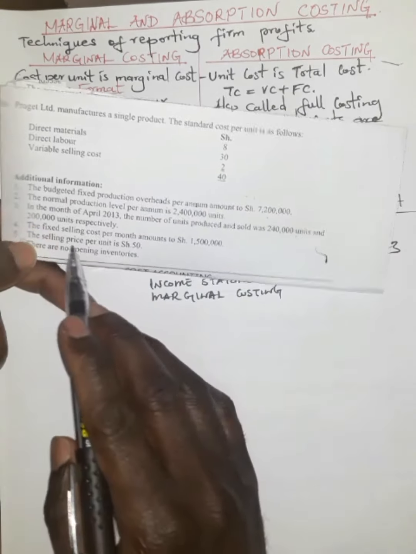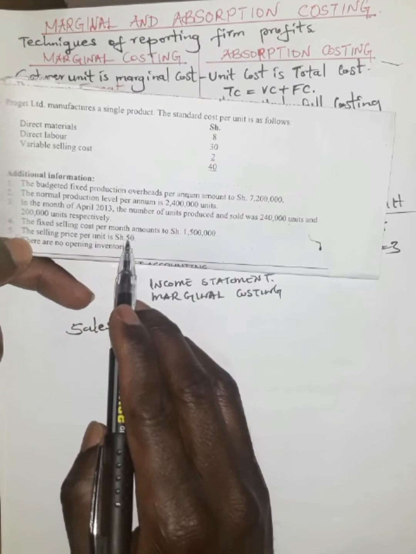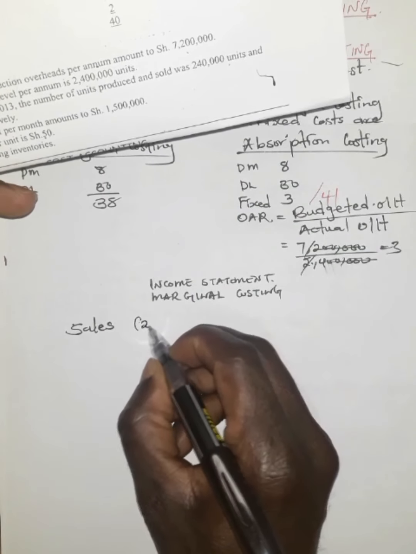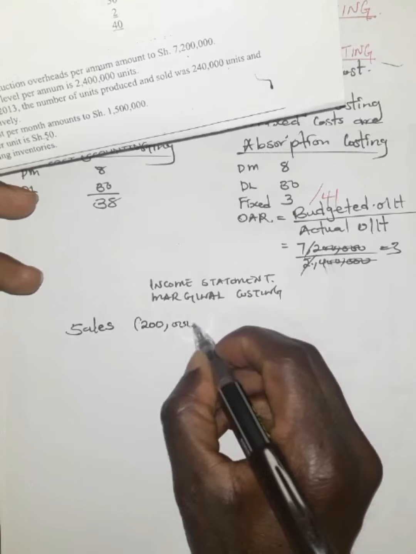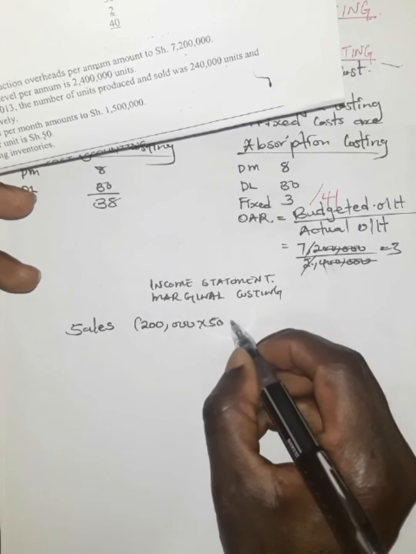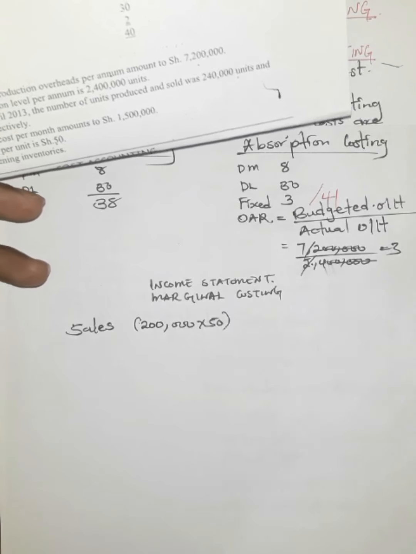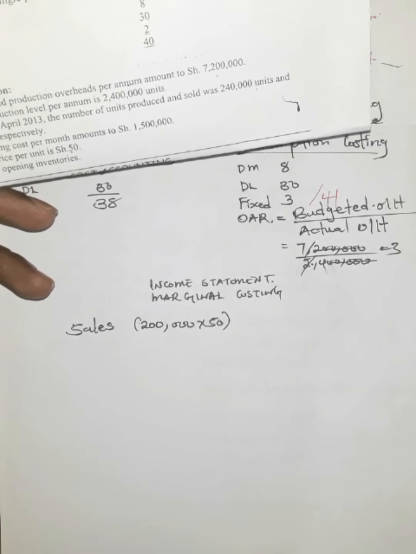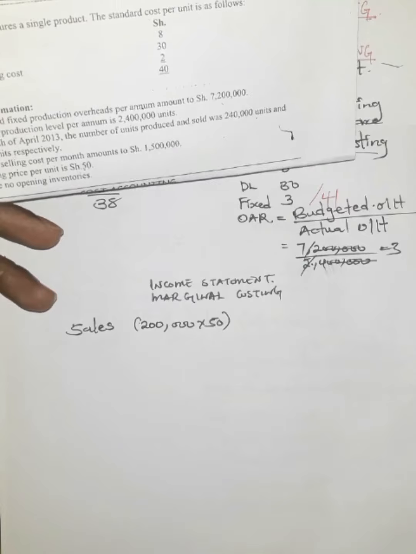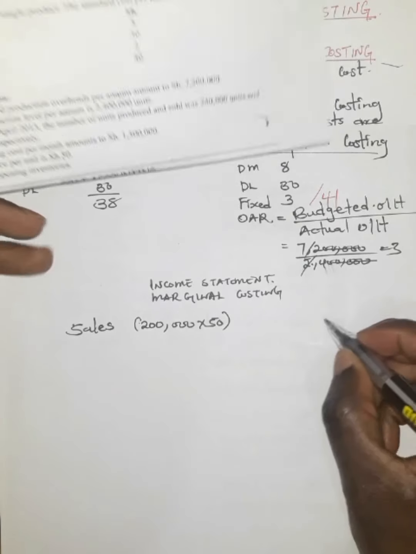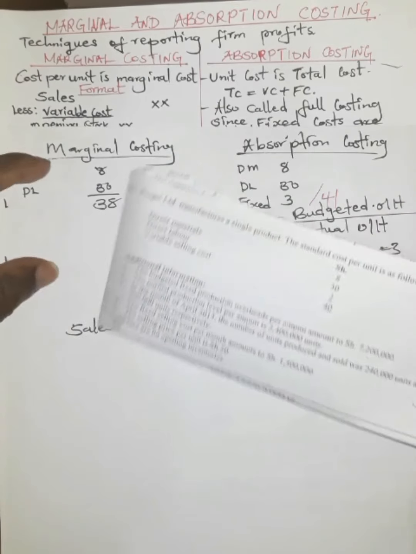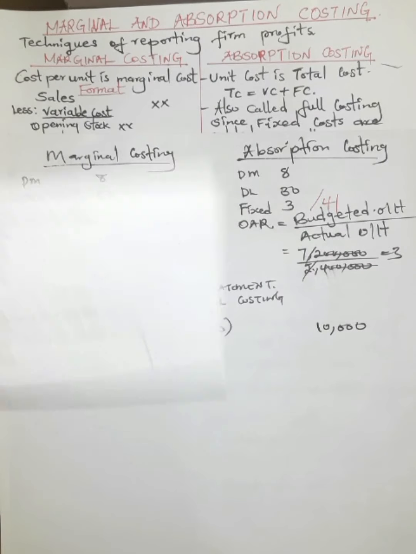We are told that the selling price per unit is 50 and 200 units were sold. So we shall have 200 units sold times 50, which gives a value of 10 million. After that, you're supposed to less the variable cost.